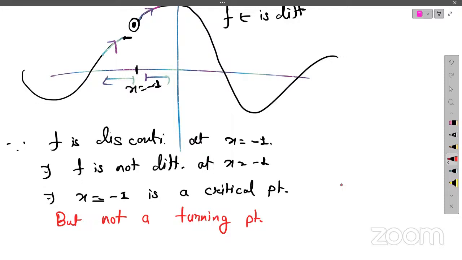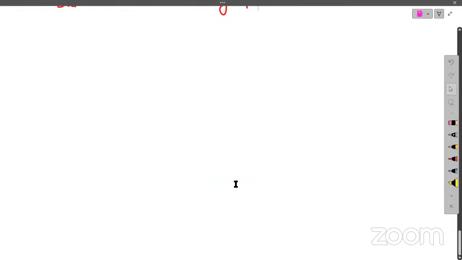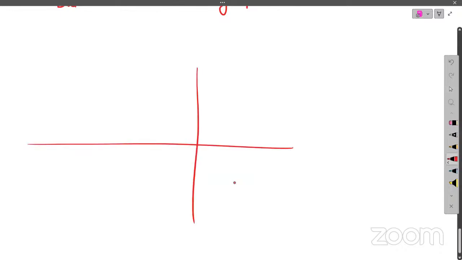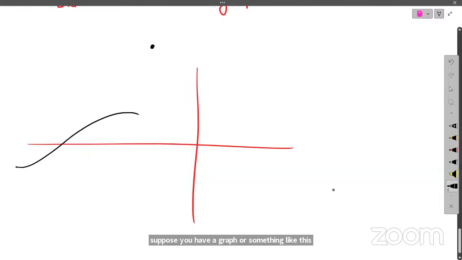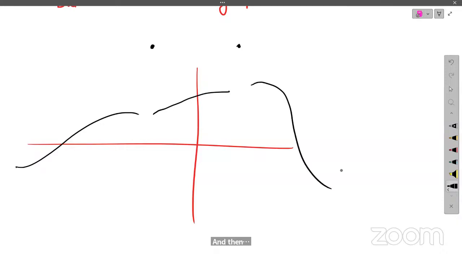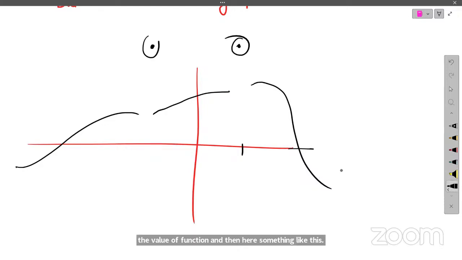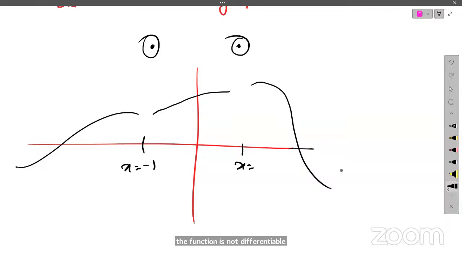See, actually, if the function is not differentiable at a certain point, then it can happen that at that point we have the maximum value. For example, suppose you have a graph something like this, here the value of function, and then here the value of function, and then here something like this. That means at these points the function is not differentiable. So suppose x equal to -1, x equal to -2.